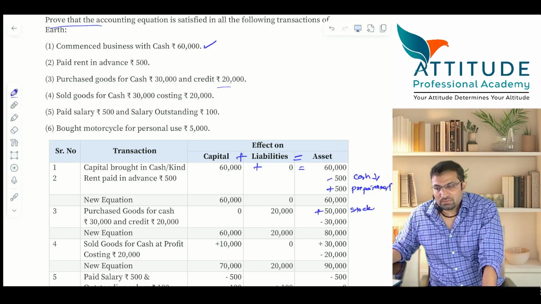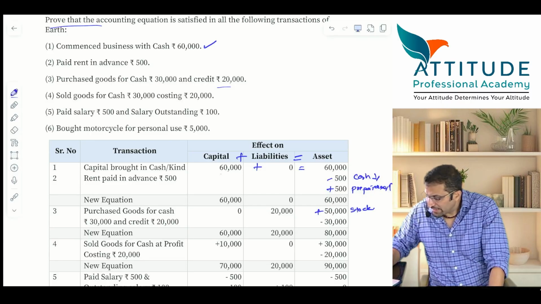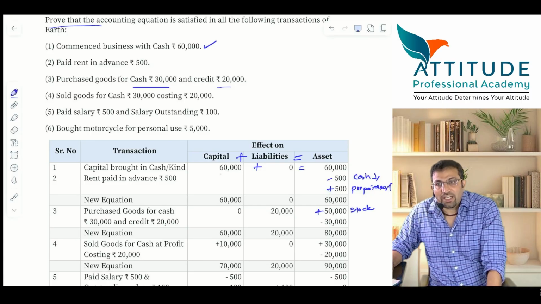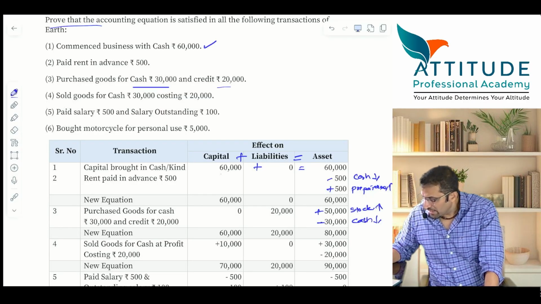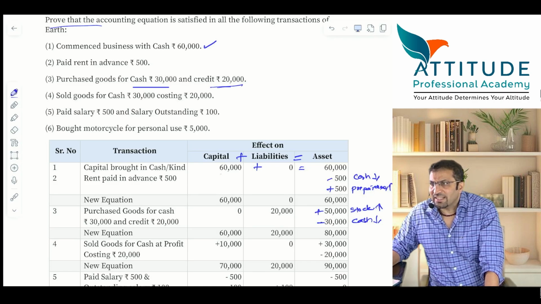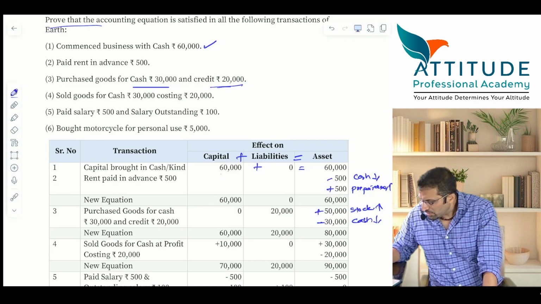What is decreasing? Cash, because cash is going out 30. So, minus 30, cash reduces. Cash reduces, stock increases. Sir, what about this 20? 20 are goods on what? Purchased on credit. Anything purchased on credit, you create a liability. Payable, yes or no? So, liability increases plus 20.